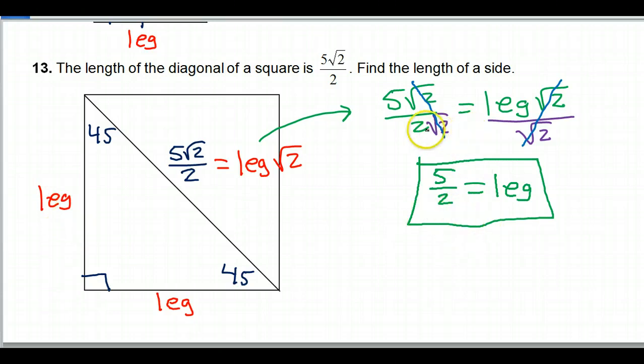Now, if I didn't let you in on that trick about dividing a fraction by something, you just put it in the denominator, you probably would have tried to do this. Let me go back. So for a minute there we had 5 radical 2 over 2. Well, that's ugly. We had 5 radical 2 over 2, and then that was equal to leg radical 2.